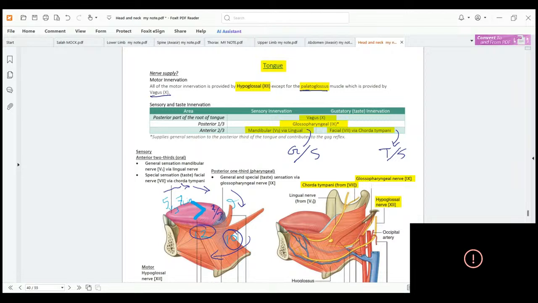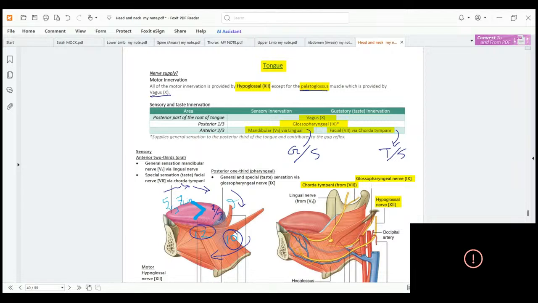General sensation is by the mandibular division.